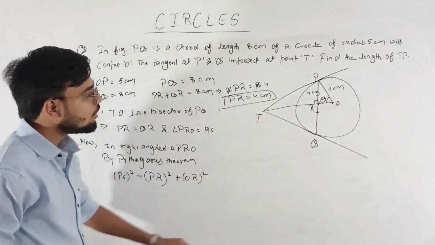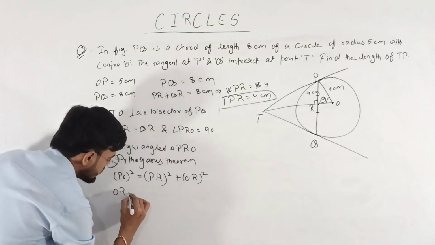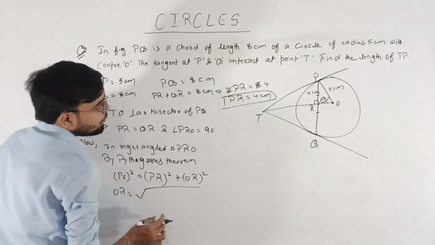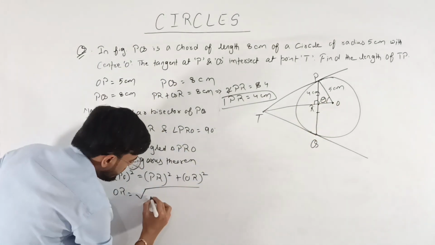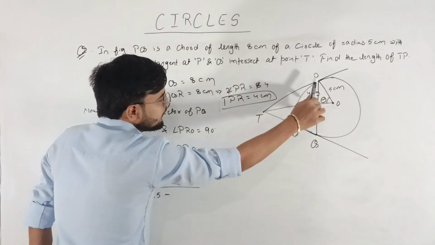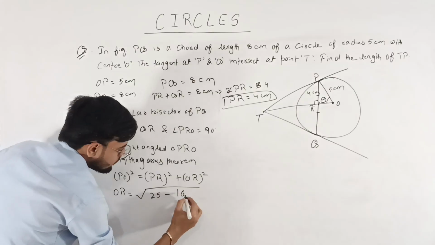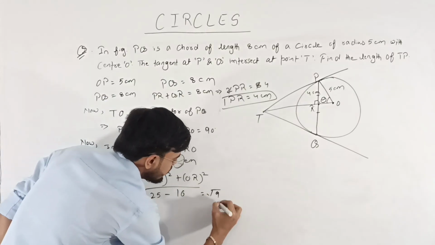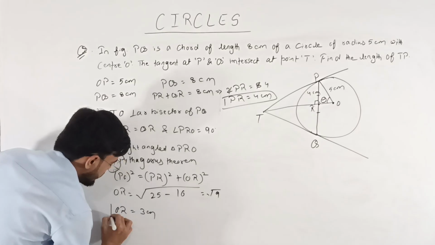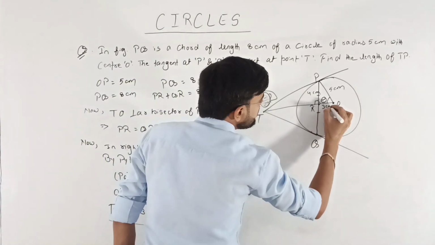Now we find OR from here: OR is the square root of PO square minus PR square. PO is the radius, 5, so the square of 5 is 25. PR is 4, so the square of 4 is 16. So this is equal to 9, and OR is 3 centimeters. This one is 3 centimeters.